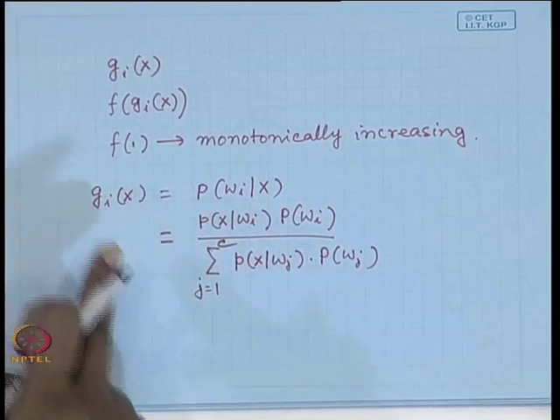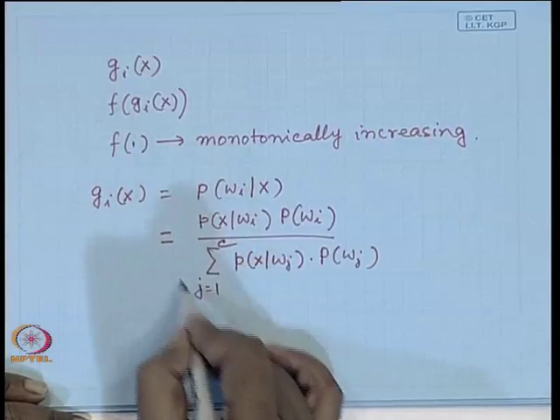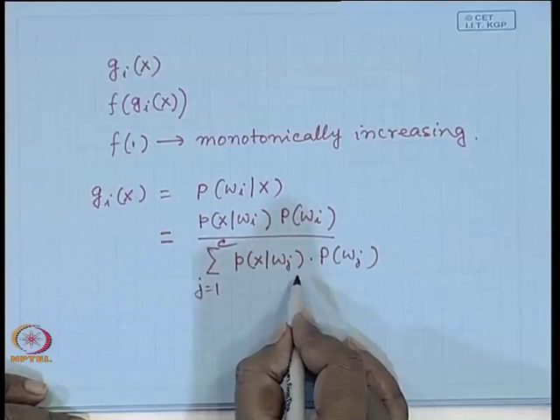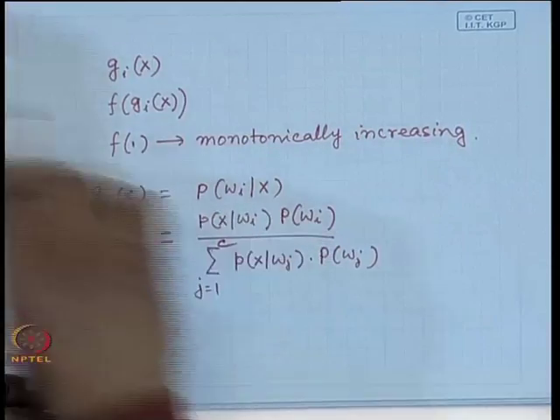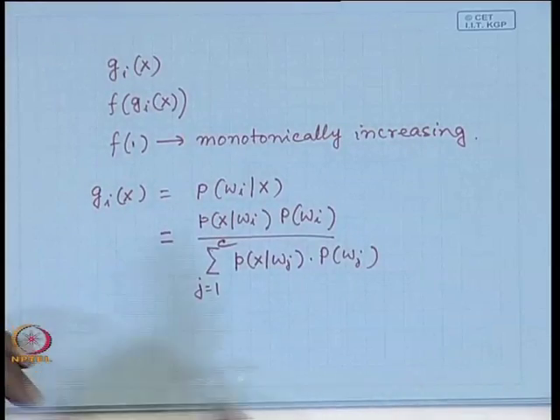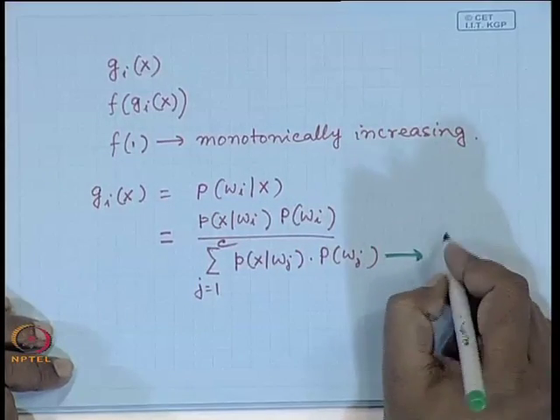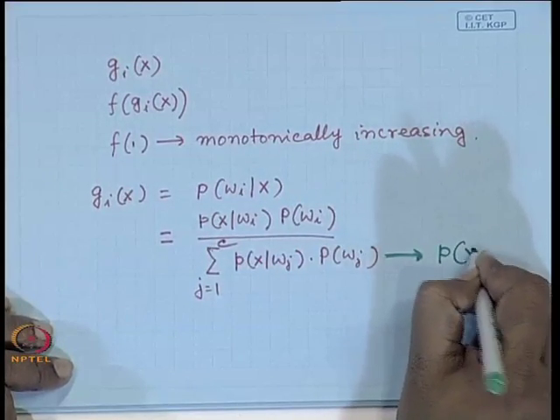Now, find that this term, P of x given omega j into P of omega j summed, is nothing but P of x.